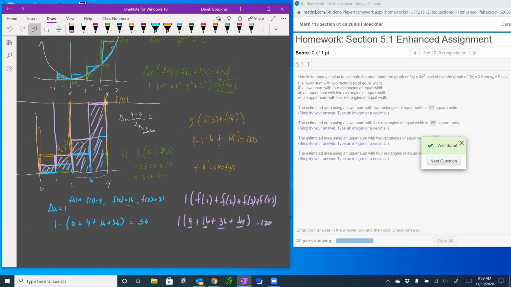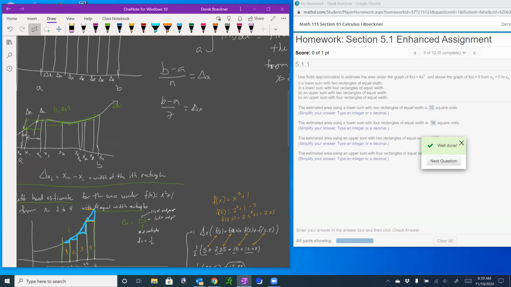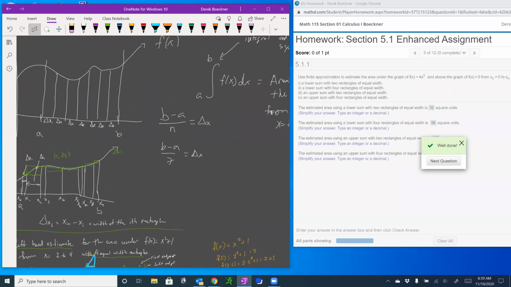Would there ever be an equation where the lower sum or the upper sum isn't one of the left or right points? There are. I really don't think the book would give them to you though. Like in this picture, the lowest part of the curve was right there, which isn't on one of the endpoints.